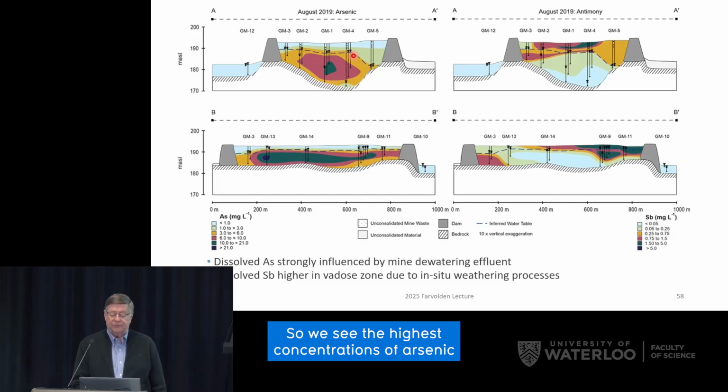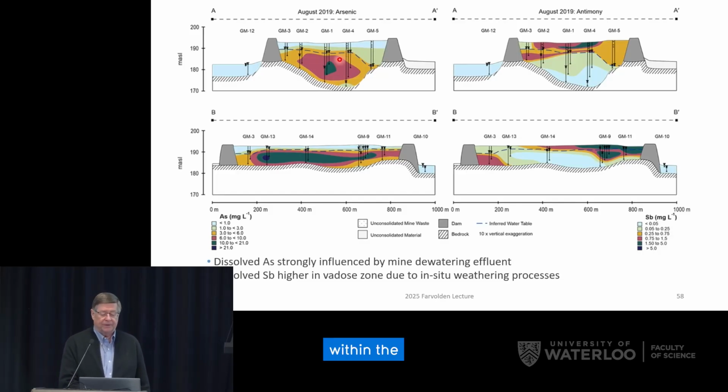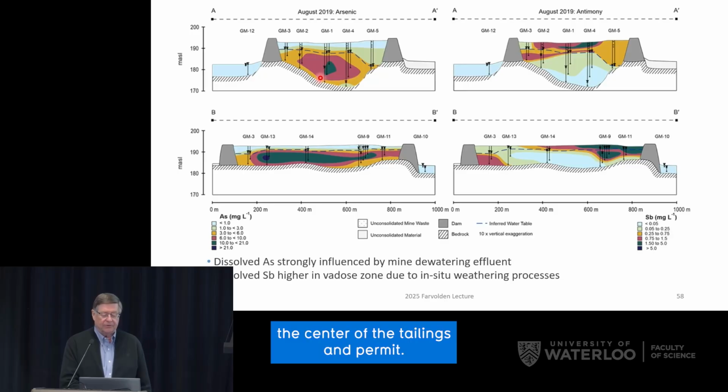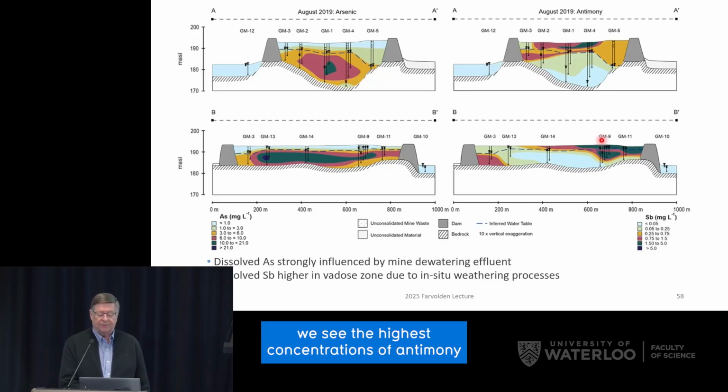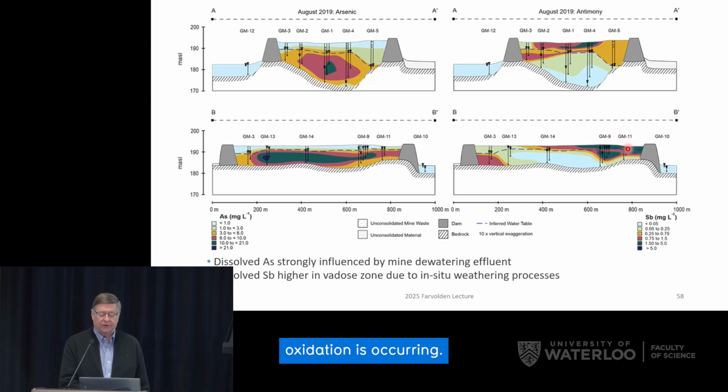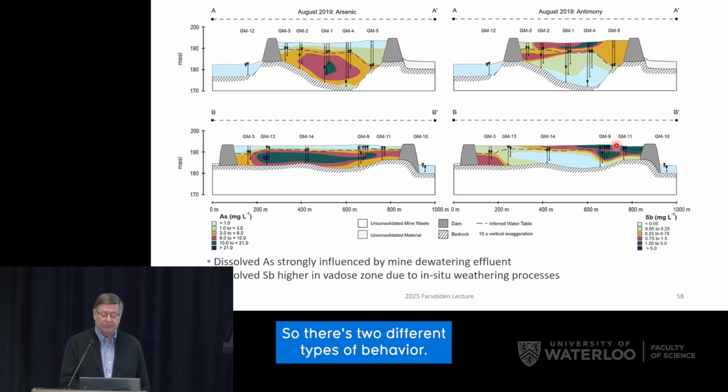So we see the highest concentrations of arsenic within the center of the tailings impoundment. In contrast, we see the highest concentrations of antimony in the vadose zone where sulfide oxidation is occurring. So there's two different types of behavior.